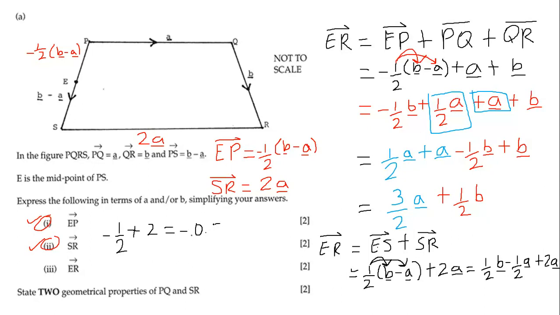So we write that as negative 0.5 plus 2, which is equal to 2 minus 0.5. Again, you don't have to do it this way. You can just put it in your calculator, because you are permitted to use a calculator in the BGCSE. So 2 minus 0.5 is what? 1.5.